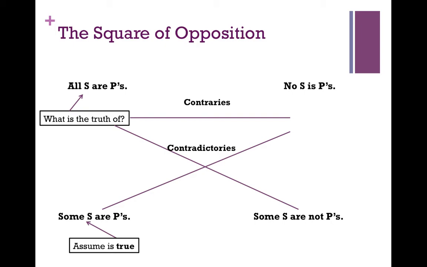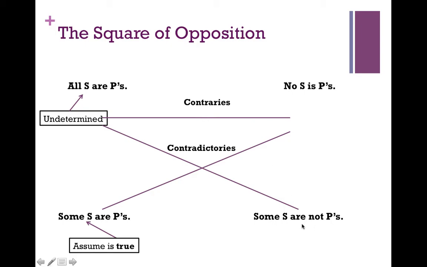Well, it's possible the reason that this is true is because all S are P. Then again, it could also be possible that some students are smart and some students aren't. So here again, we can't know. If we know that some S are P, we can't know with certainty whether or not all S are P or all S aren't P. It's possible they could be.